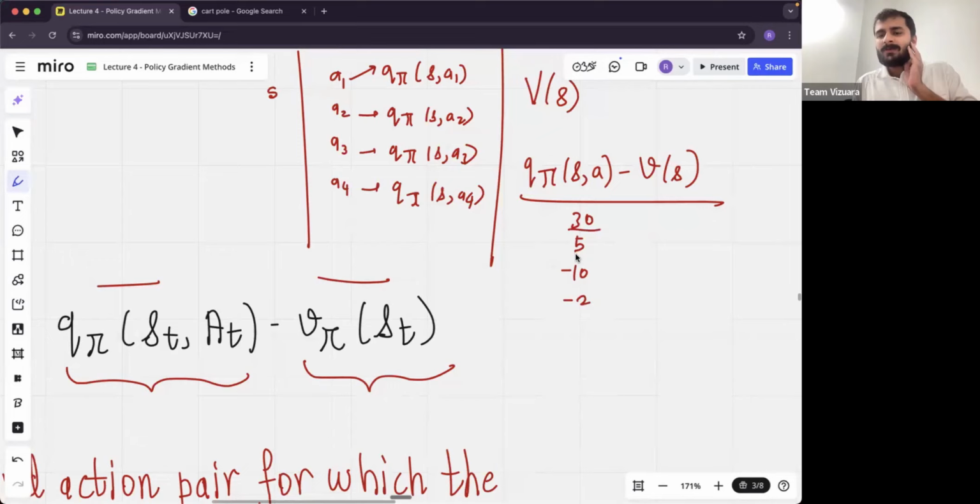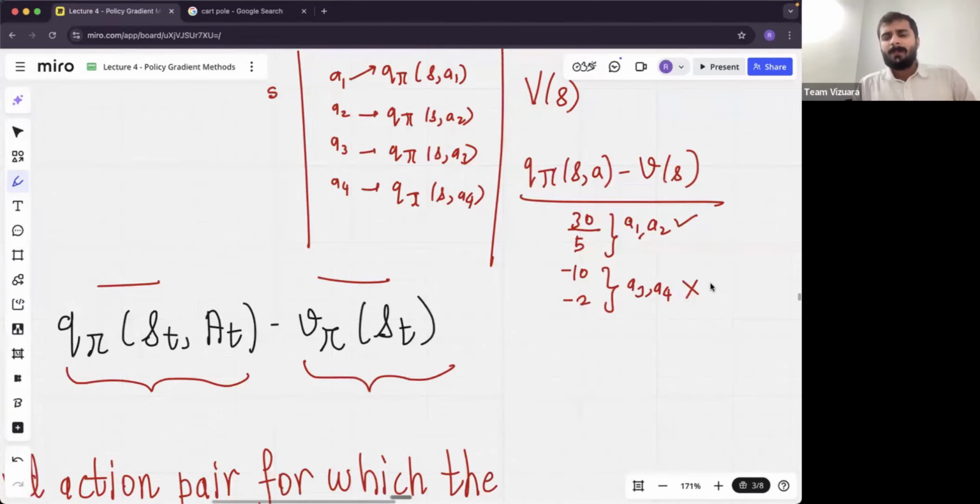Positive values mean that that specific action has a positive advantage, which means that that action is better than the policy's default behavior. So actions A1 and A2 are better than the policy's default behavior, and actions A3 and A4 are worse than the policy's default behavior. This is what the advantage function intuitively captures.